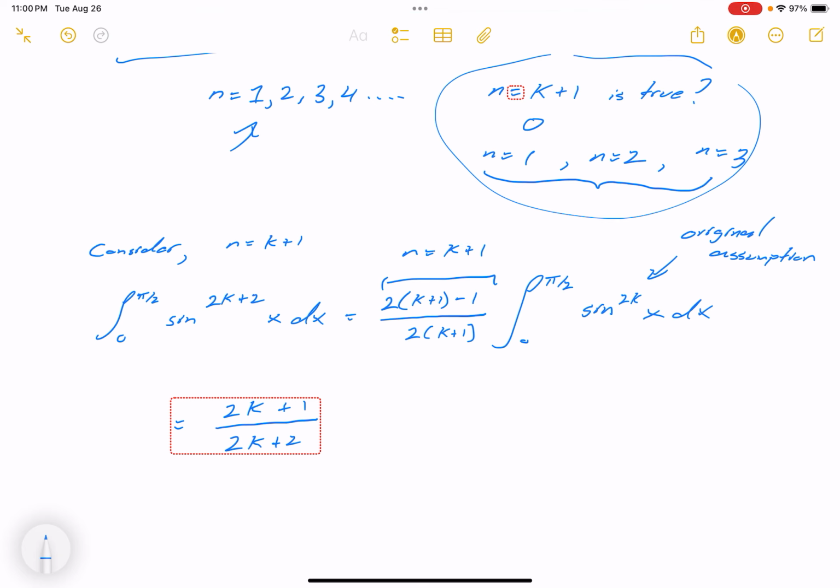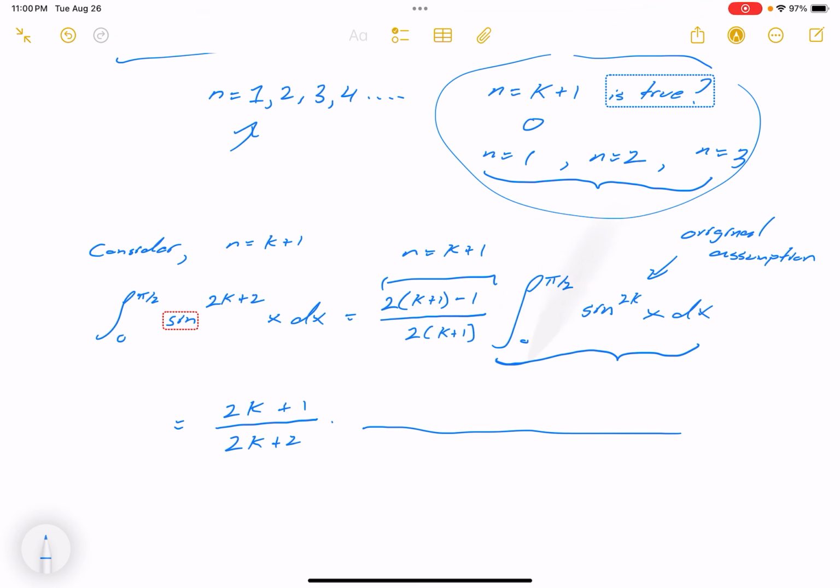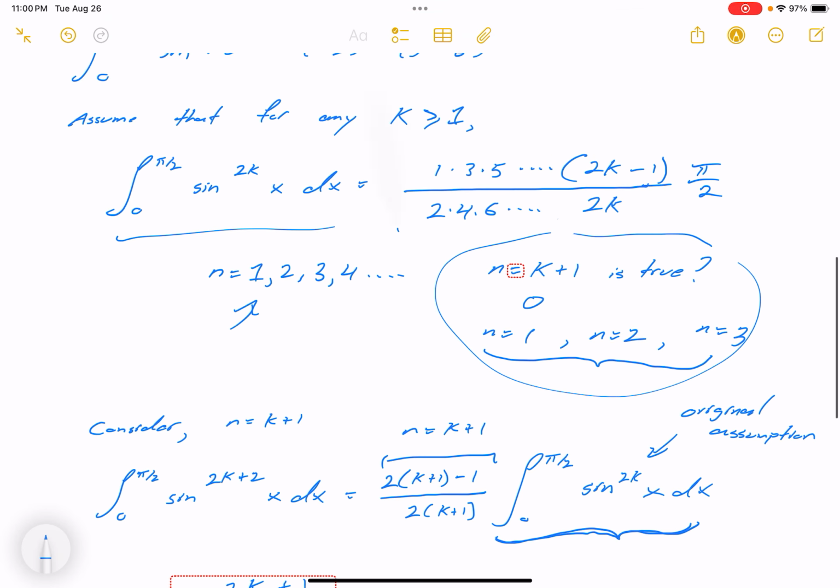And okay, remember what we said, what is this equal to? So this part that we're multiplying by, remember, this here is equal to this.